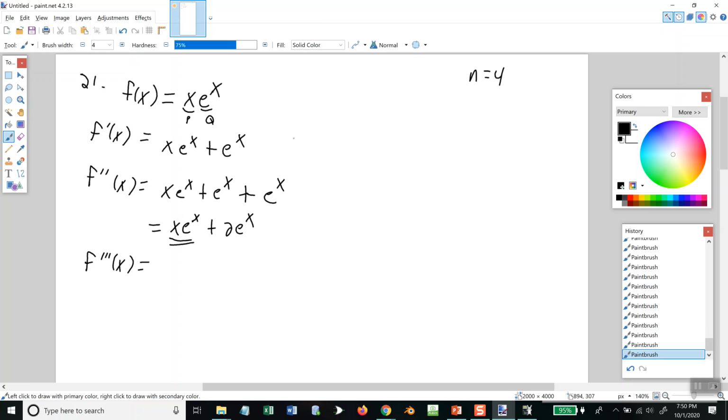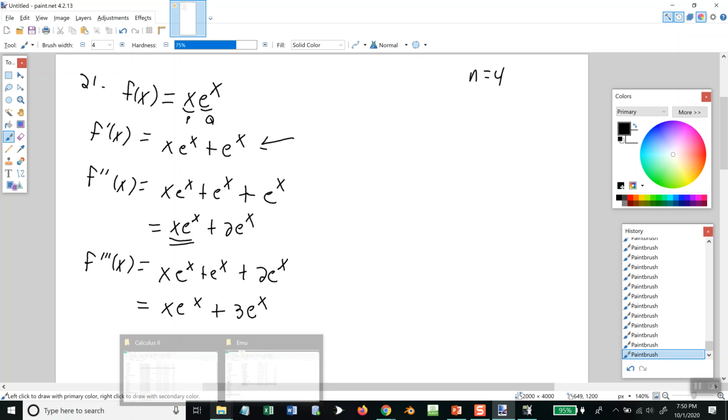Which goes back to the derivative of that, or the derivative is this. So I got x e to the x plus e to the x. The derivative of 2e to the x is 2e to the x. I think I even see the pattern on this. So it's 3e to the x.